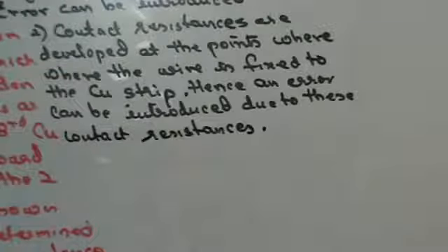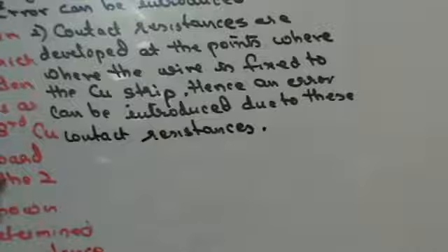So these are your sources of error in a meter bridge experiment, right? Now let's use Kelvin's method to determine the resistance of the galvanometer. By using a meter bridge, I am able to get the value of the unknown resistance. What if I want to find out the resistance of the galvanometer?